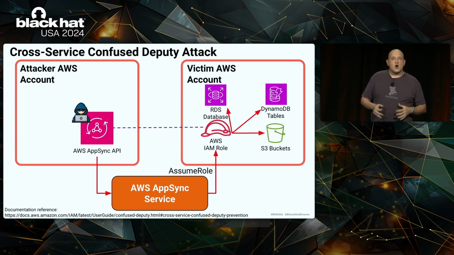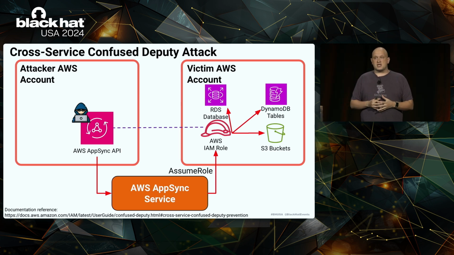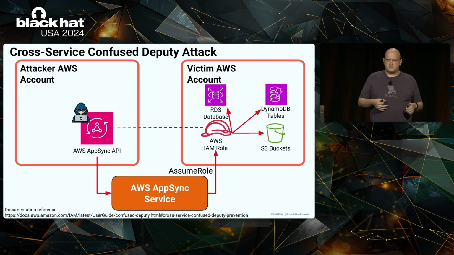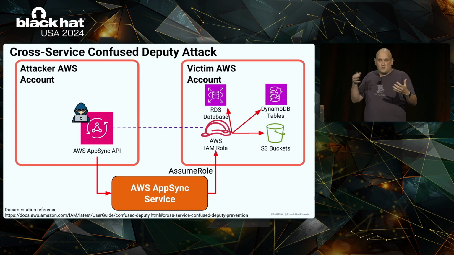This is an example of a cross-service confused deputy attack, where a lower privileged entity, in this case us, was able to trick or coerce a higher privileged entity, in this case the AppSync service, to do something on our behalf. And in this scenario, that was assuming a role in the victim account and carrying out whatever API operation we wanted it to perform.